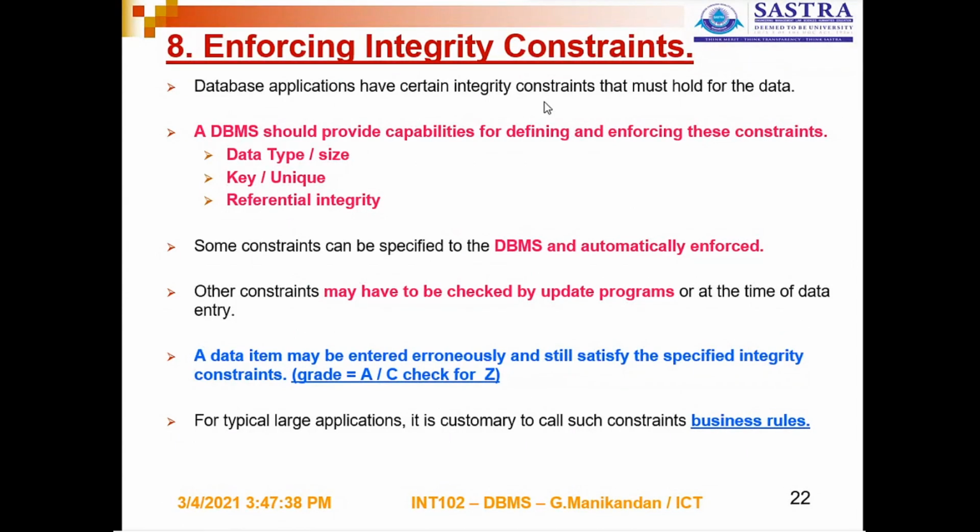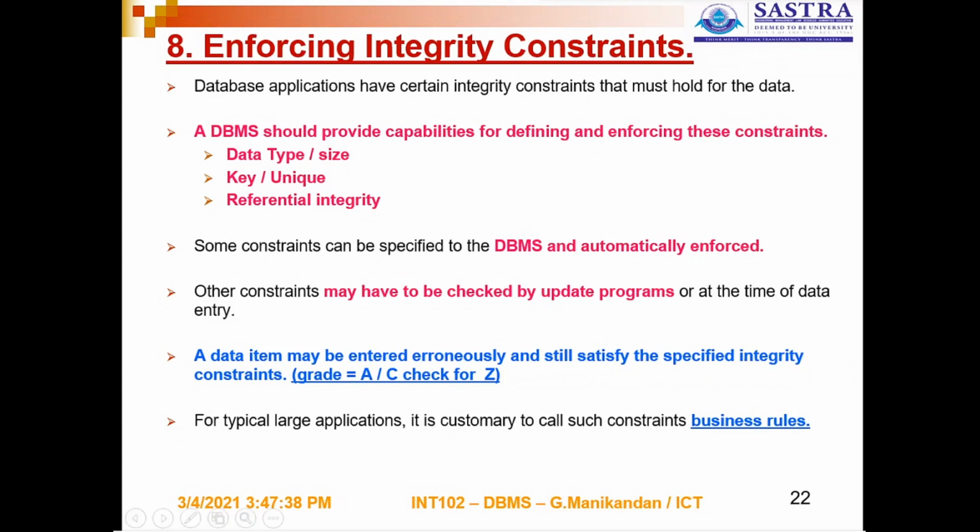Whenever you store data inside the database, it needs to satisfy certain conditions, and we refer to those conditions as integrity constraints. So the requirement from your database management system is that it should provide the capability for defining and enforcing these constraints. For example, one simple thing is that your data type itself is considered a constraint.